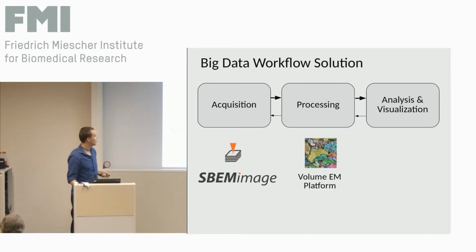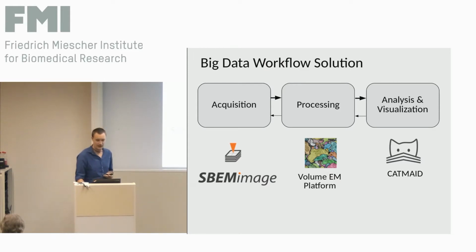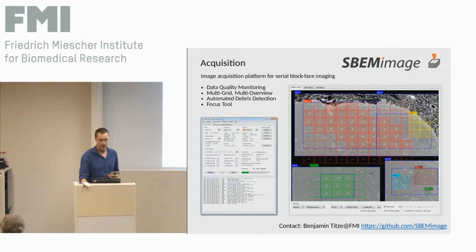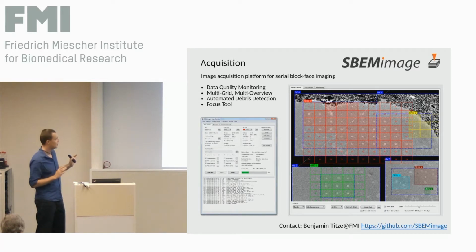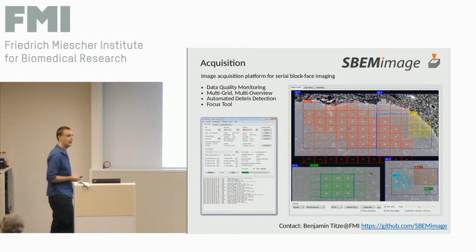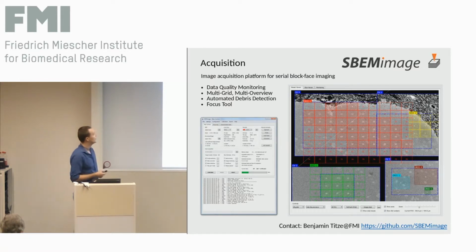Then the Volume EM platform sits in the middle and provides the processing layer, orchestration or organization. And on the analysis and visualization side is a tool called CatMate. I will just briefly give you a quick overview of SpamImage and CatMate, and then talk mainly about the Volume EM infrastructure.